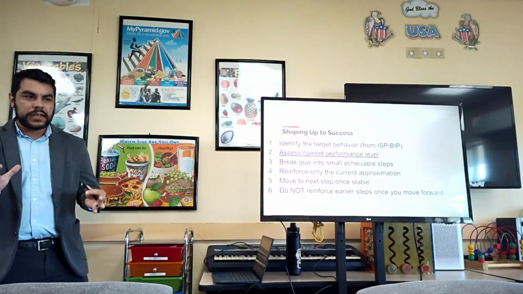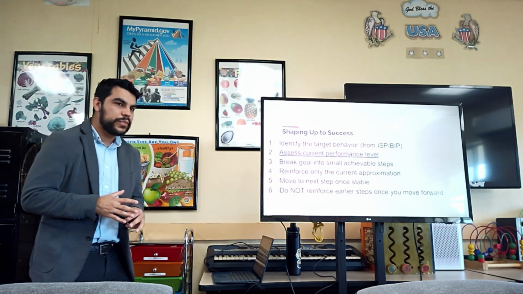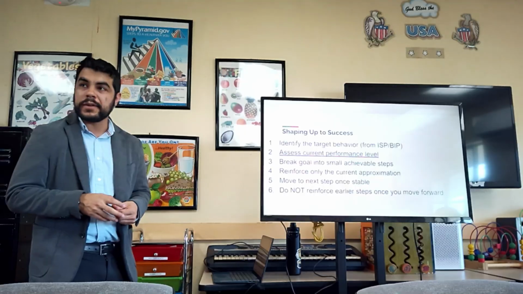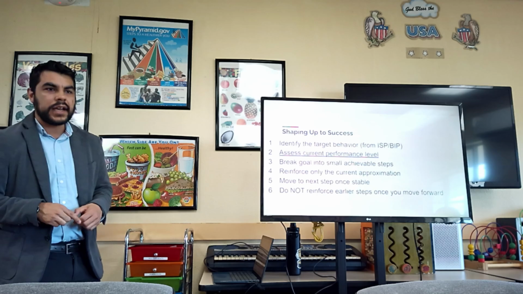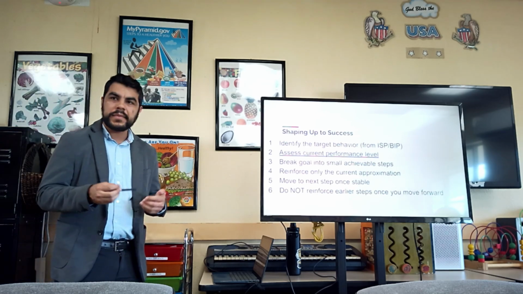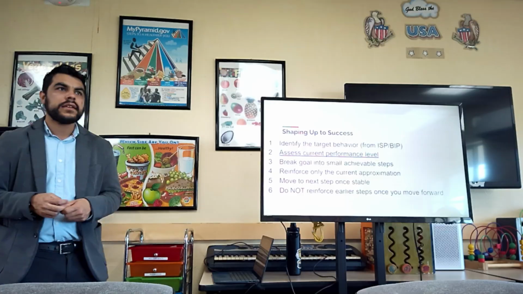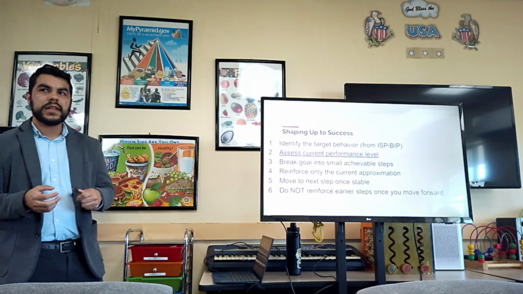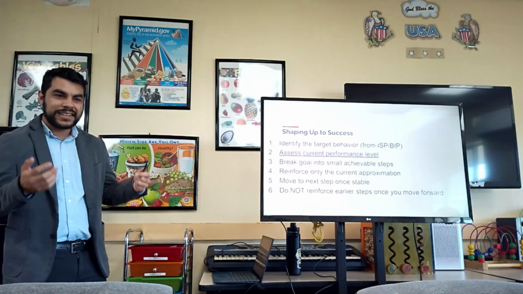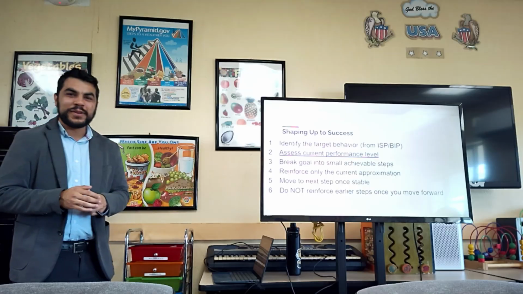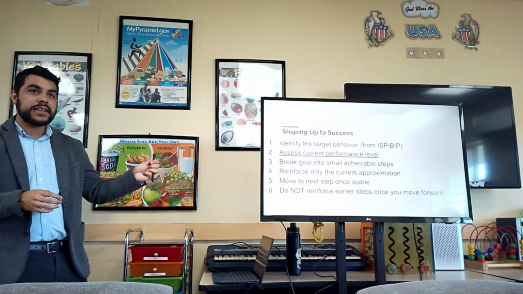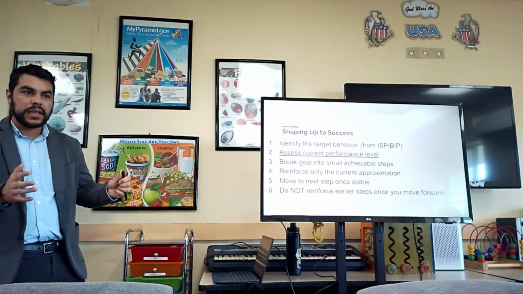So this is going to be more or less the procedure to properly implementing shaping. First we identify a target behavior. Let's say it is getting a client to ask to use the restroom, since that's now stuck in my mind. You then meet them where they're at by assessing their current level.